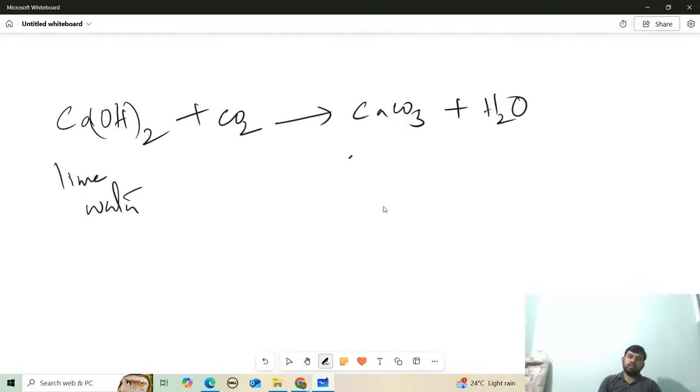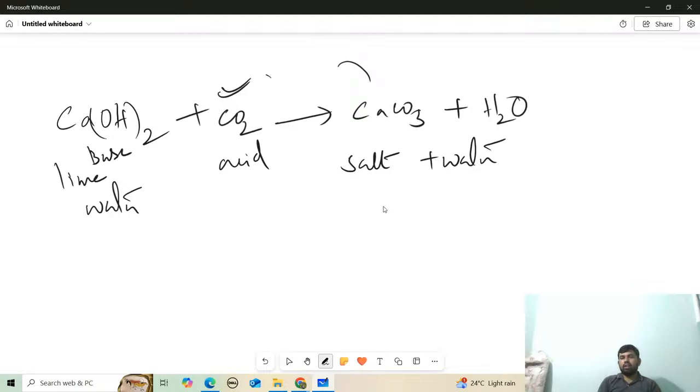This is also salt and water. What is the nature of CO2? This is acid, because with a base it produces salt and water. So non-metal oxides are acidic in nature.